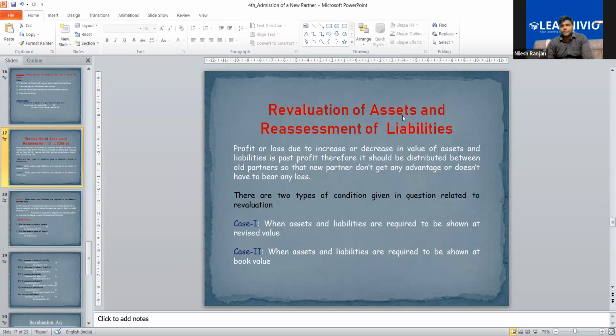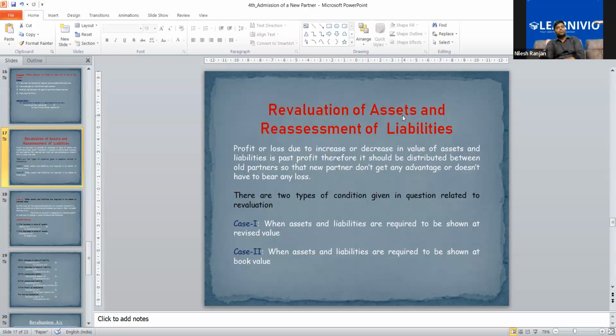In most cases, revaluation will give you a profit because the assets include land and building, which generally increase. But sometimes, yes, you'll get a loss. So we don't want to share the profit or loss due to change in value of assets and liabilities with the incoming partner, because he has no right on the profit or loss. It is to be borne by the old partners.